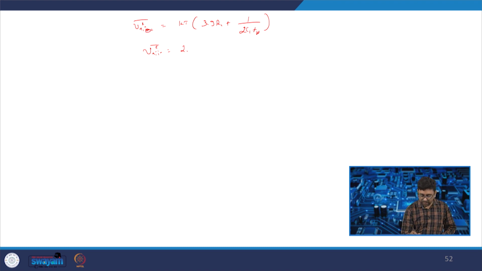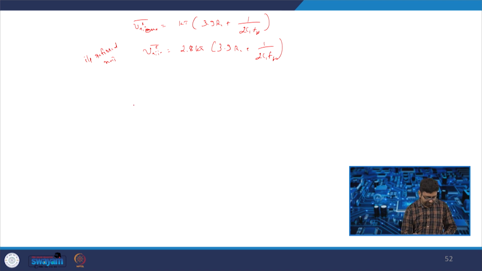This is the output, so this is input referred: 2.8 kT 3.9 R1 plus 1 by 2 C1 into FLO.